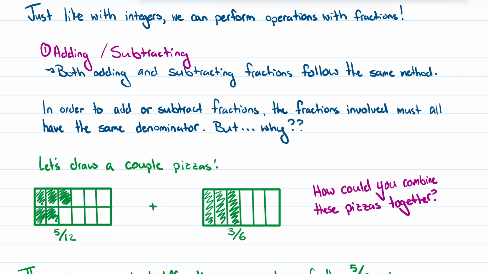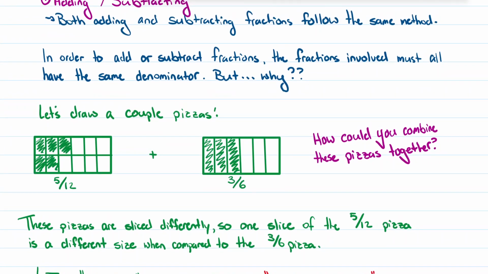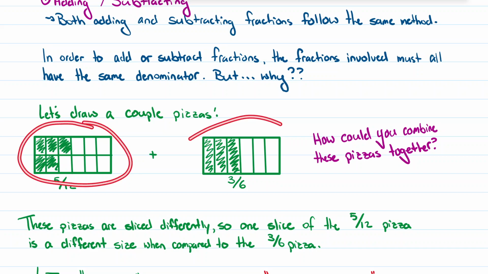How in the world can we do anything to combine these pizzas together and have it work out somewhat nicely? So these pizzas are sliced differently, right? You've got 12 slices on this pizza over here, and you've got 6 total possible slices on this pizza over here. We need a way to be able to combine these or distribute these in a way that will have the same number of possible slices.